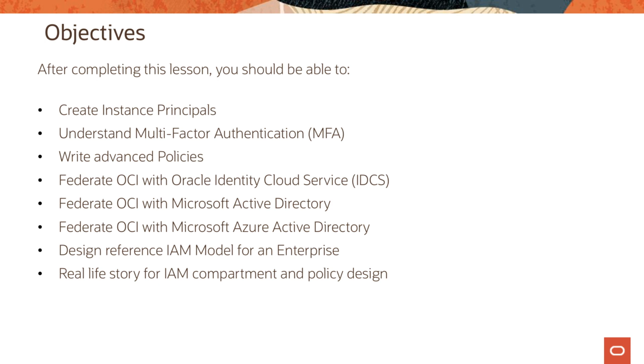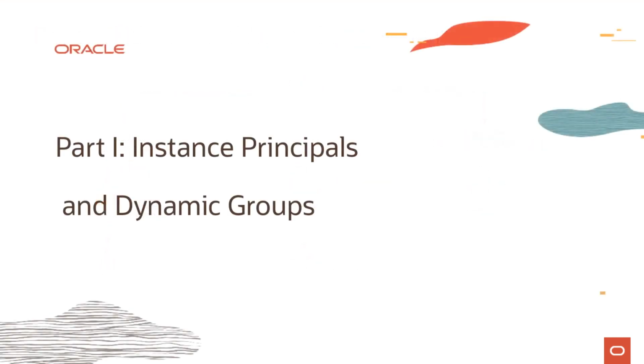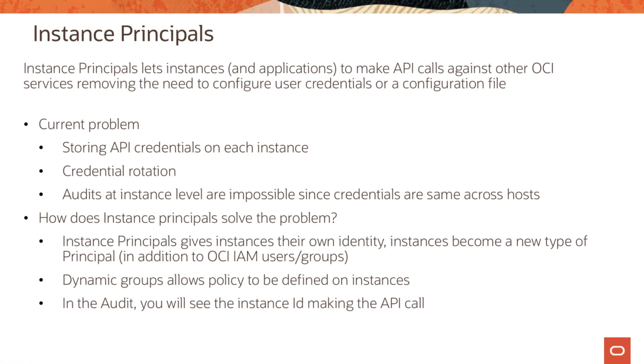This is a separate topic. As long as you have basic understanding of the OCI IAM service, you should be okay without watching the first two parts as well. So I'm going to skip a few slides that I covered in parts 1 and 2.